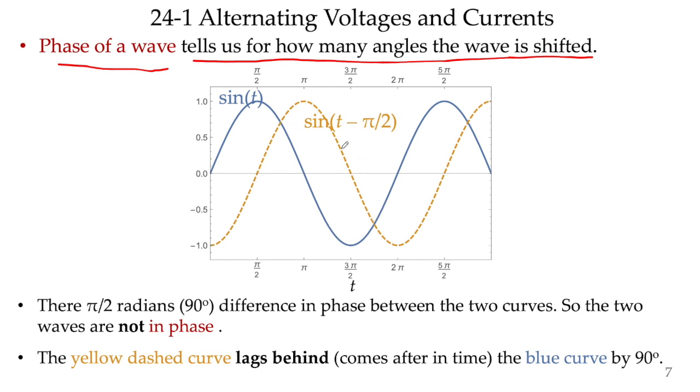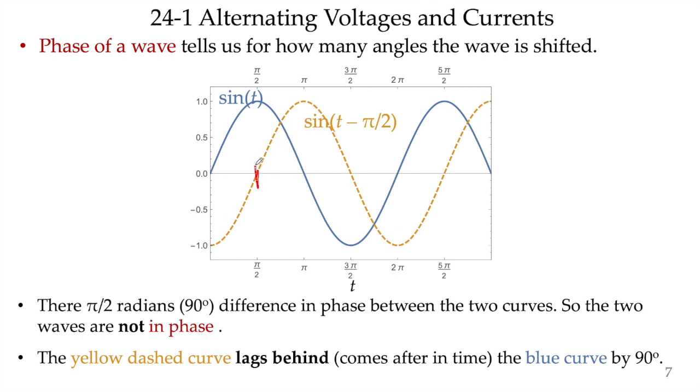Now if you add negative pi over 2, which is 90 degrees, look what happens. You still have the same sine wave. Look at the heights. The amplitudes are the same. The frequencies are the same. If this makes one full motion in time 2 pi, now look at the yellow one.